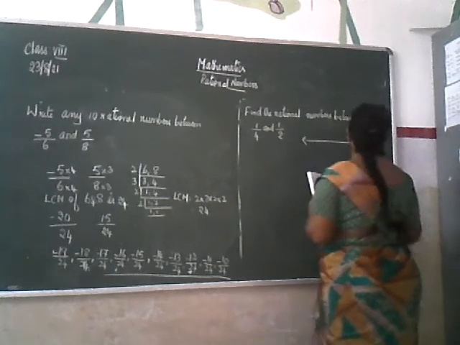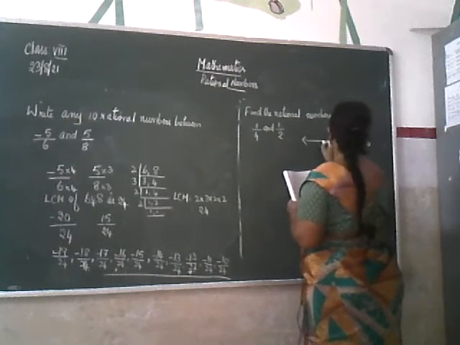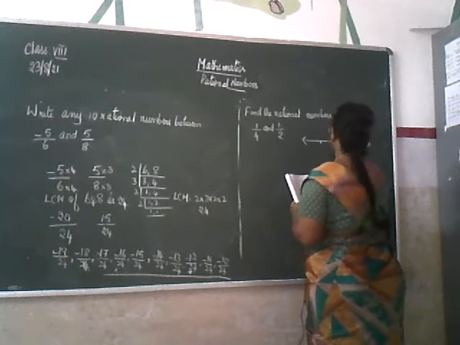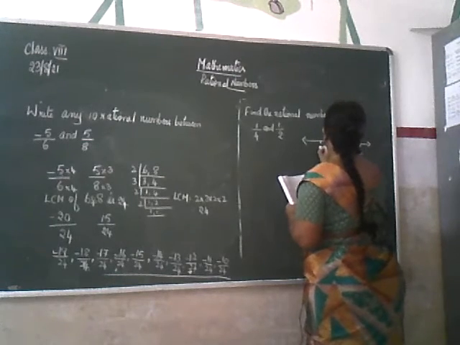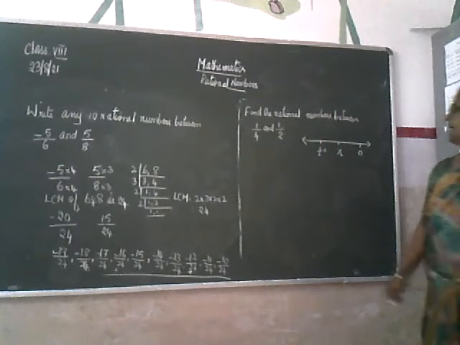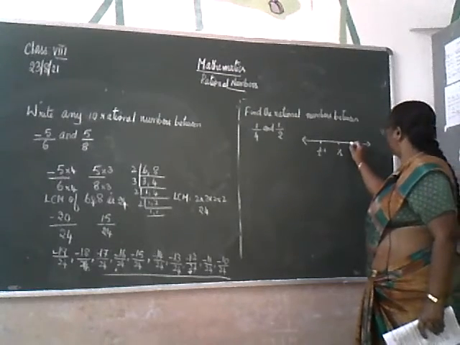So let me consider on the number line, if I consider, okay, you know 0, then this is 1 by 2, this is 2 by 2, which is equal to 1, isn't it? So I want 1 by 4. So you know 1 by 4 is here.